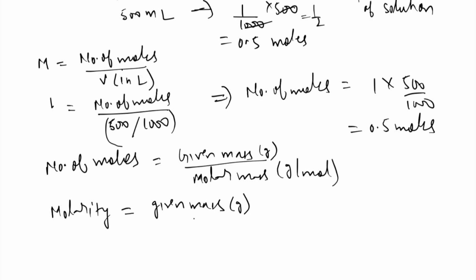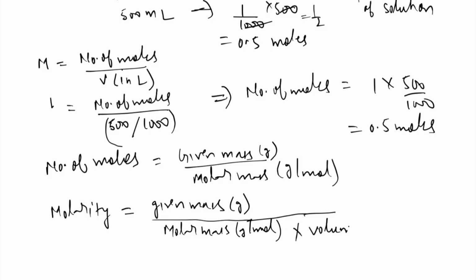Please do remember the units, it is in gram, not in kg, divided by molar mass, which is in gram per mole, and multiplied by volume of solution. Please do write the complete formula in liter. Okay, and if it is given in ml, what you have to do? You have to divide it by 1000.